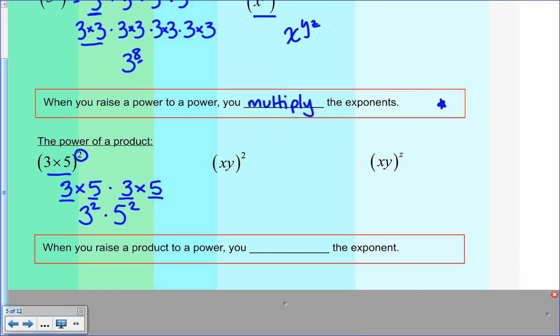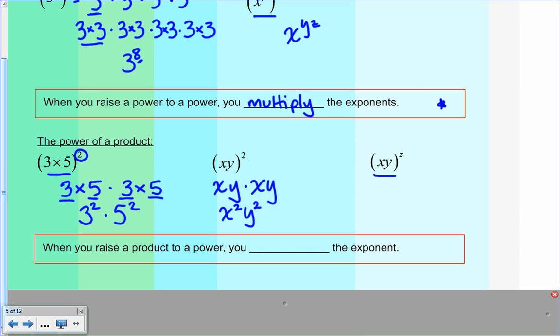We can do this again with the xy raised to the power of 2. And in this case, if I were to write it out the long way, it would be xy times xy. Again, showing us we have 2 x's being multiplied together and 2 y's being multiplied together. So before we go on to this third one, let's look at our rule.